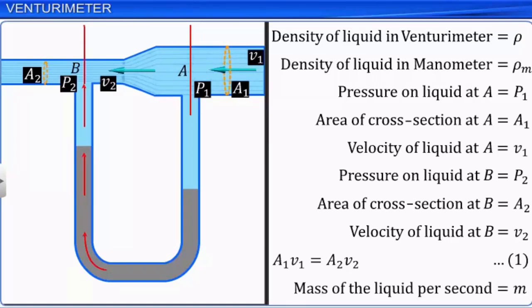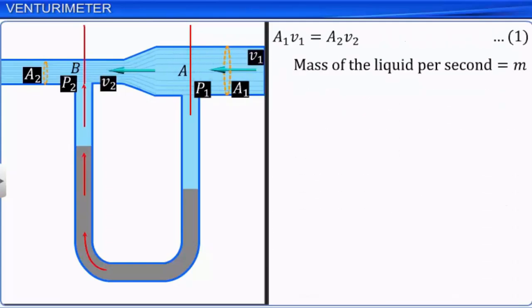Since the time considered is 1 second, here V1 and V2 are the lengths of the liquid element of mass m at positions A and B respectively. Therefore, A1V1 is equal to A2V2, which is equal to the volume of the liquid V flowing per second.